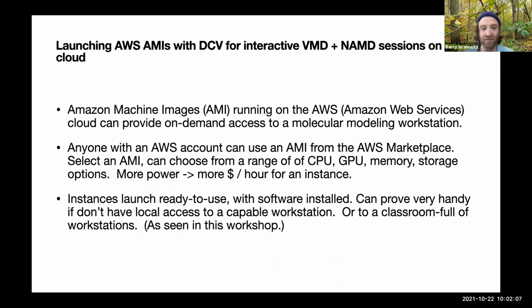So the idea is anybody with an Amazon account, which is free to get, after which you have to pay a few pennies an hour, sometimes dollars an hour, to get a machine. You select the machine image you want, and then you can choose from a range of CPU, GPU, memory, storage. More power equals more dollars per hour for that instance.